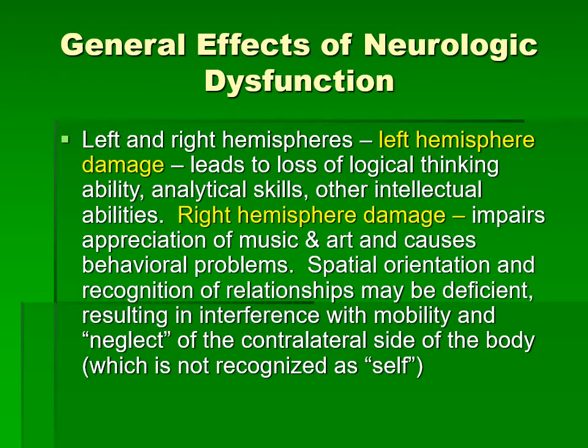Neglect of the contralateral side of the body happens sometimes where a person does not have that part of the brain connected to that particular limb and doesn't identify that limb as belonging to the person. So they tend to have this neglect syndrome where they feel like that limb doesn't belong to them anymore, and this does happen. So sometimes a tremendous amount of therapy has to be worked into the treatment plan for somebody that has brain injury, some kind of neurological dysfunction.